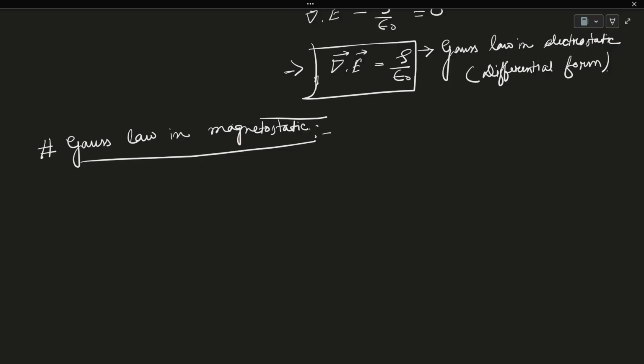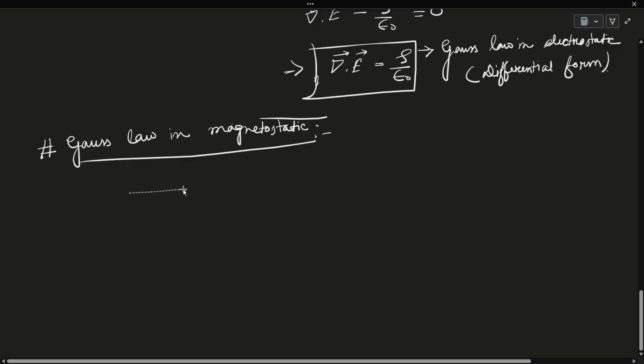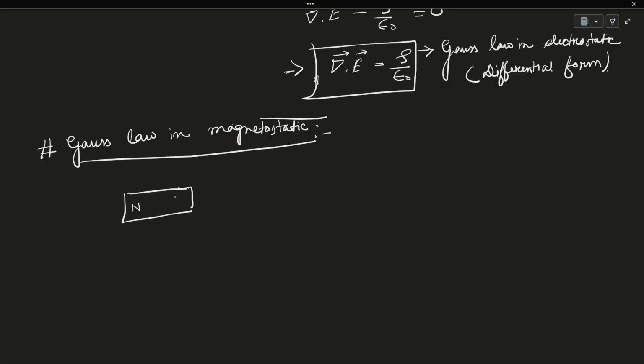Okay. So first of all, I want to discuss that the magnetic monopole doesn't exist. If this is a bar magnet, let's say this is N, this is S. So the field lines are coming from north to south, like this way, right?